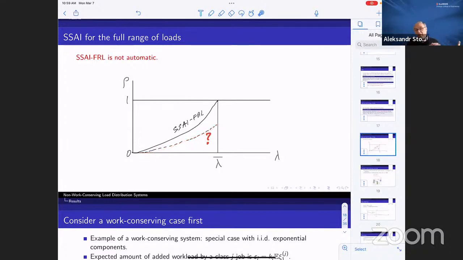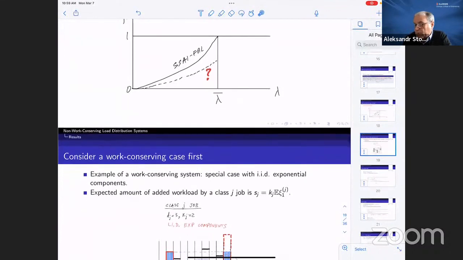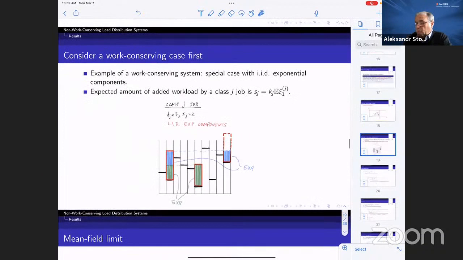Remember, we had a similar thing for stability, but there this question was resolvable fairly easily. Here it's not obvious. Okay. So what do we do about it?